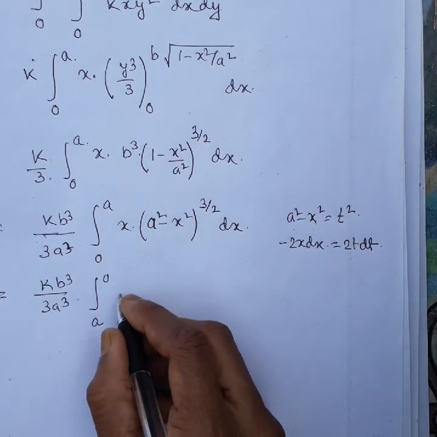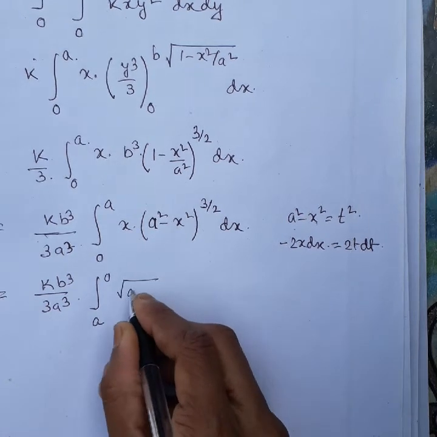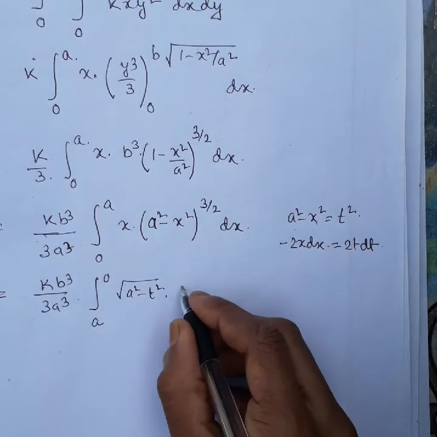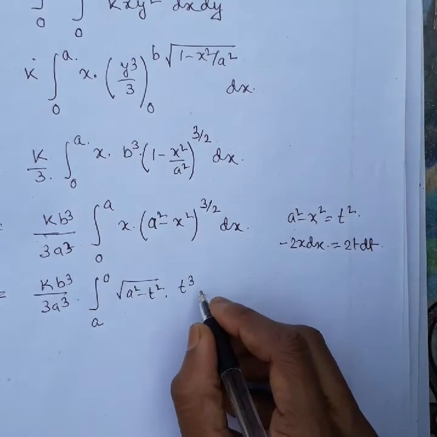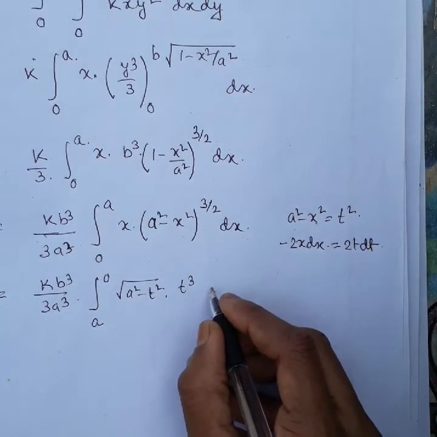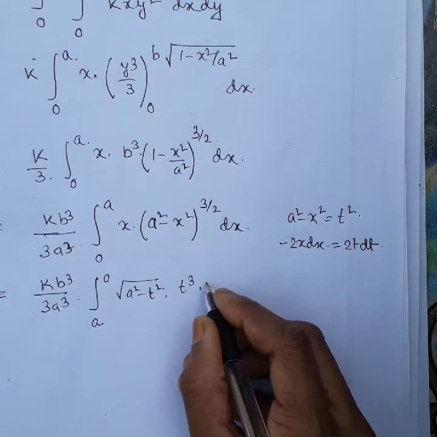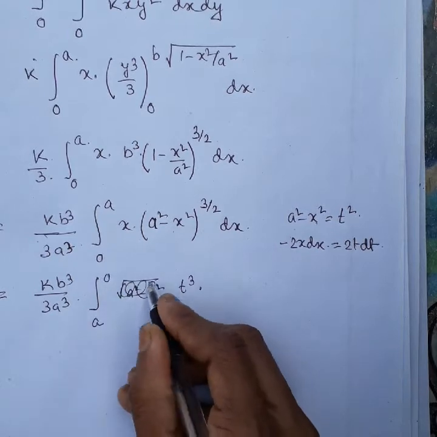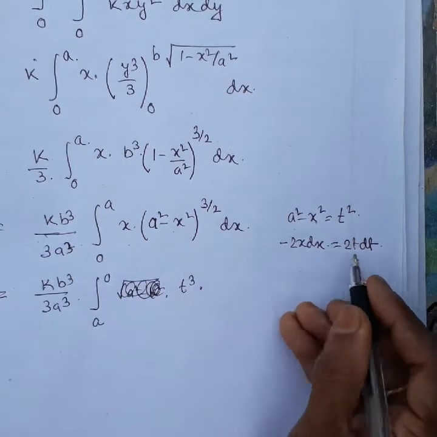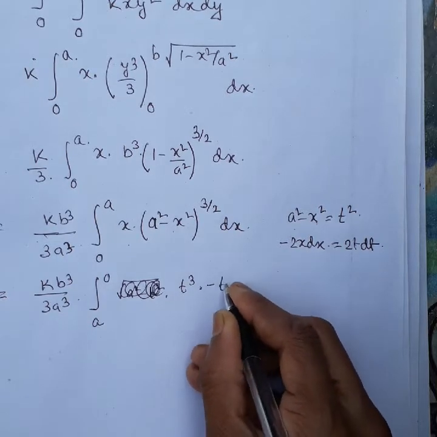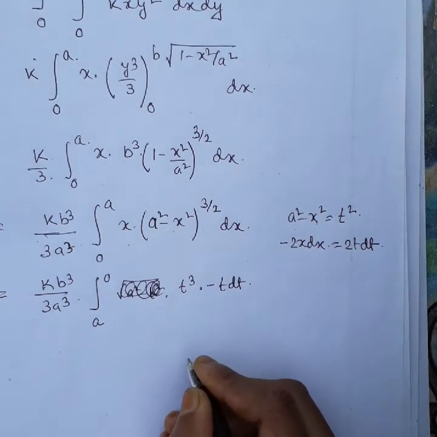In place of x we put here a square minus t square, and this will be t cube into x dx, and x dx value is minus t into dt.